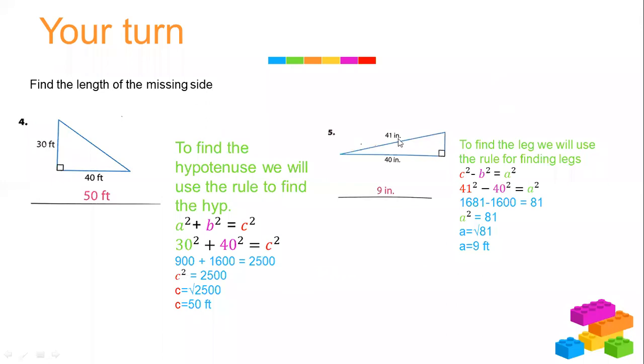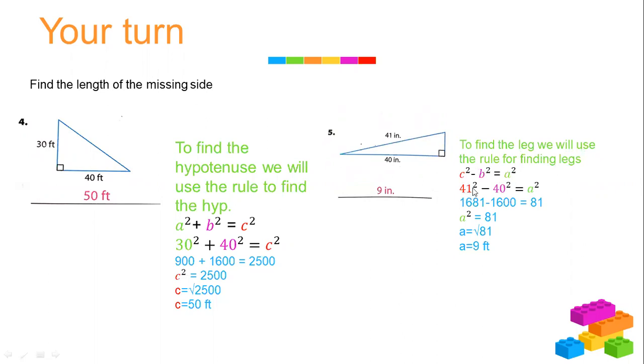In example 5, we need to find the unknown leg, which is here. We're given the hypotenuse, which is in front of the right angle, and we're given another leg, which is 40 inches. To find the leg, we use the rule for finding legs: the hypotenuse C power 2 minus one of the legs B power 2 equals the other leg A power 2.